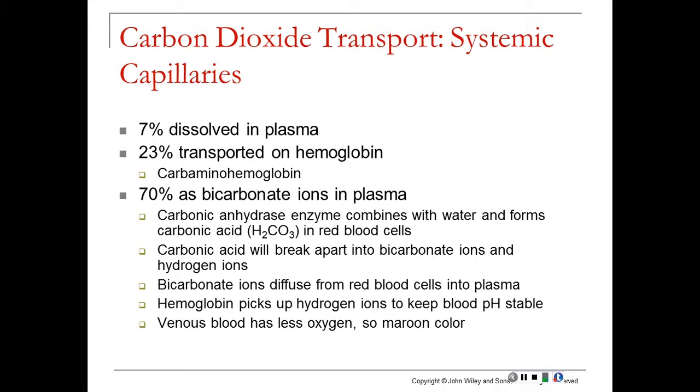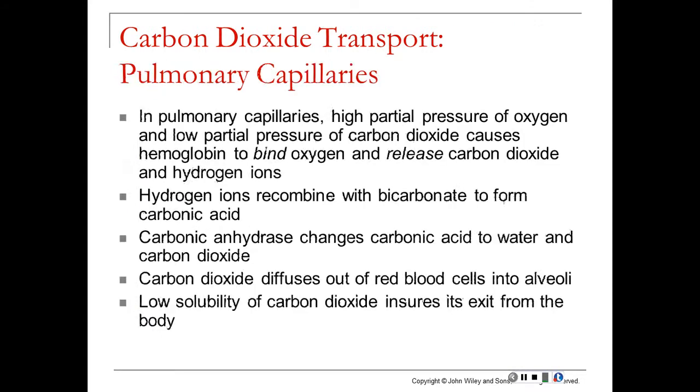So the bicarbonate ions act as a buffer in our blood to help stabilize our blood pH so that it does not become too acidic. The venous blood has less oxygen, so it's more maroon in color. And again, that's because oxyhemoglobin has that very reddish pigment to it.